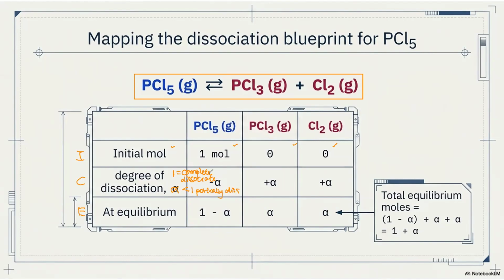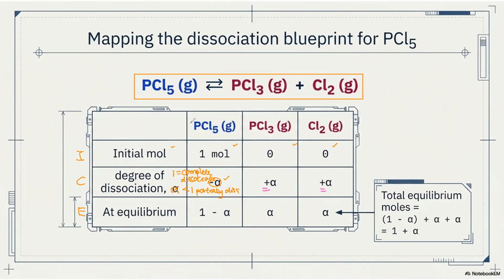If a certain amount of PCl5 is dissociated or decomposed, I say minus alpha, because the concentration of the reactant will decrease with time, whereas the concentration of the product will increase with time, so we put plus here.